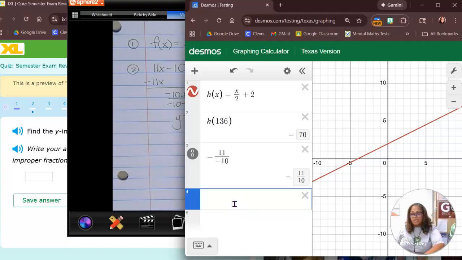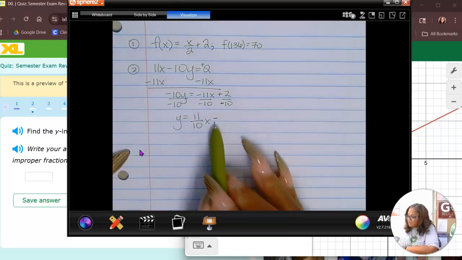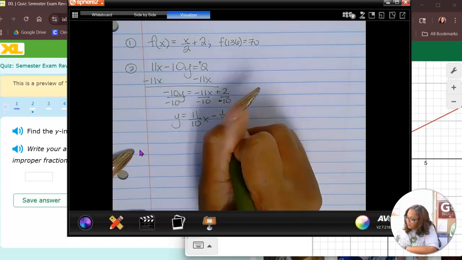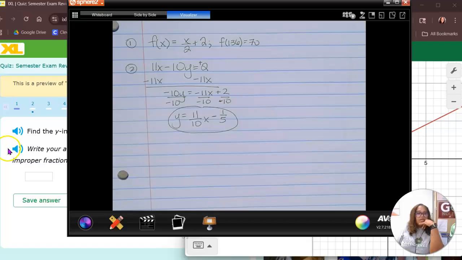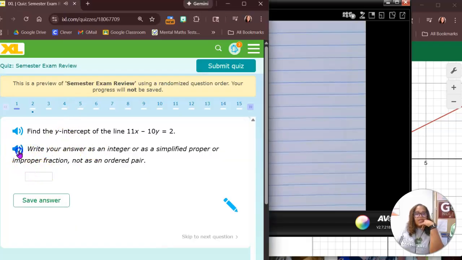And then I'll say 2 divided by negative 10, which is negative 2 tenths, but then I turn it into a fraction, which is negative 1/5. My negative symbol is already here. So it asks for the y-intercept, which is negative 1/5.